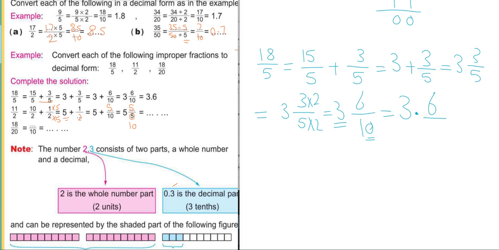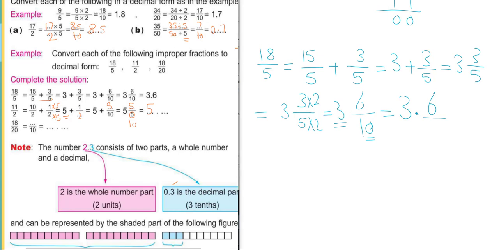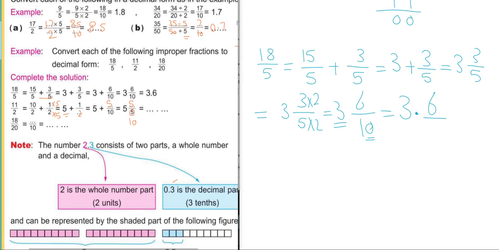Now, to put it in decimal form, we must start from the right. Here we have 5 in the numerator. How many digits? 1 digit. Okay, so we put 5 on the right.